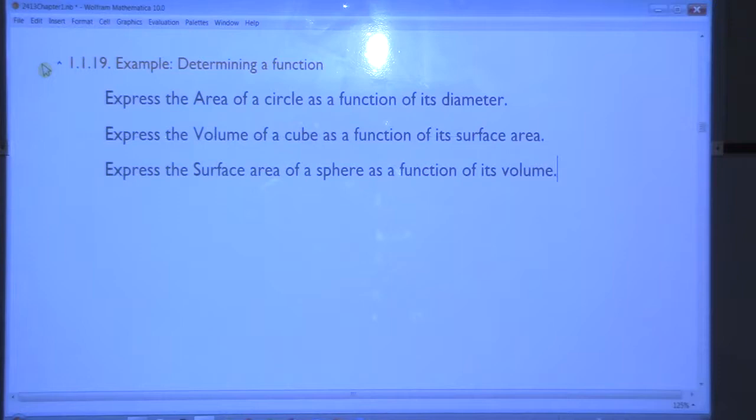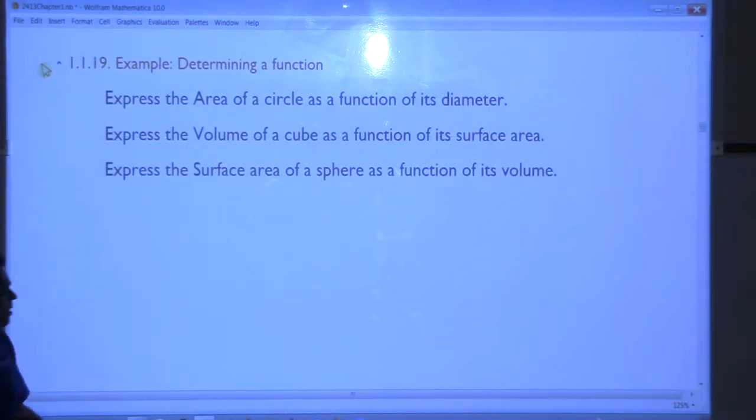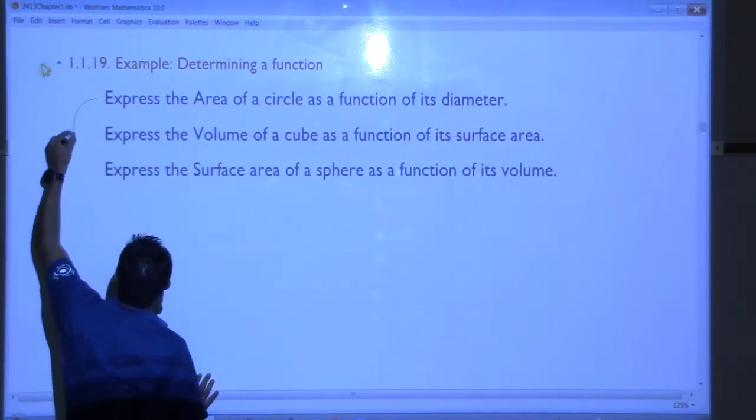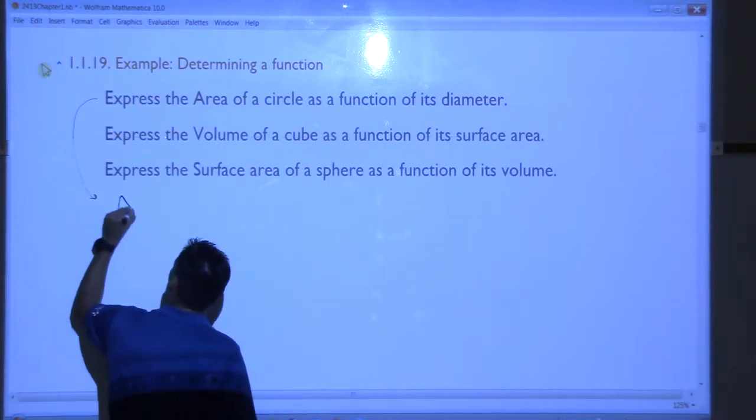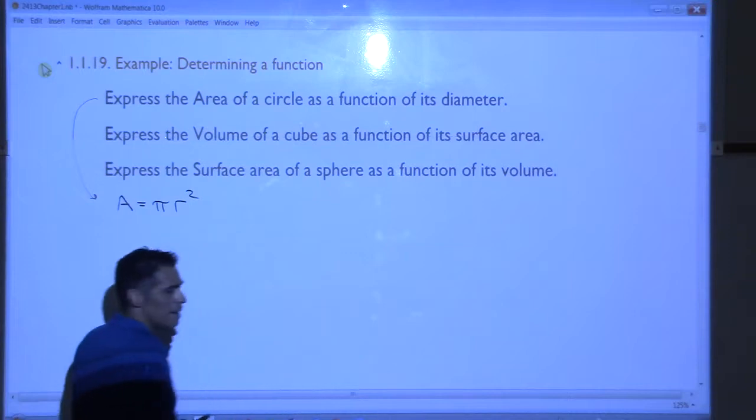Let's look at the first one. We want to express the area of a circle as a function of its diameter. Hopefully everyone in here knows the formula for the area of a circle. The area of a circle is what? Pi times the radius of the circle squared, right?